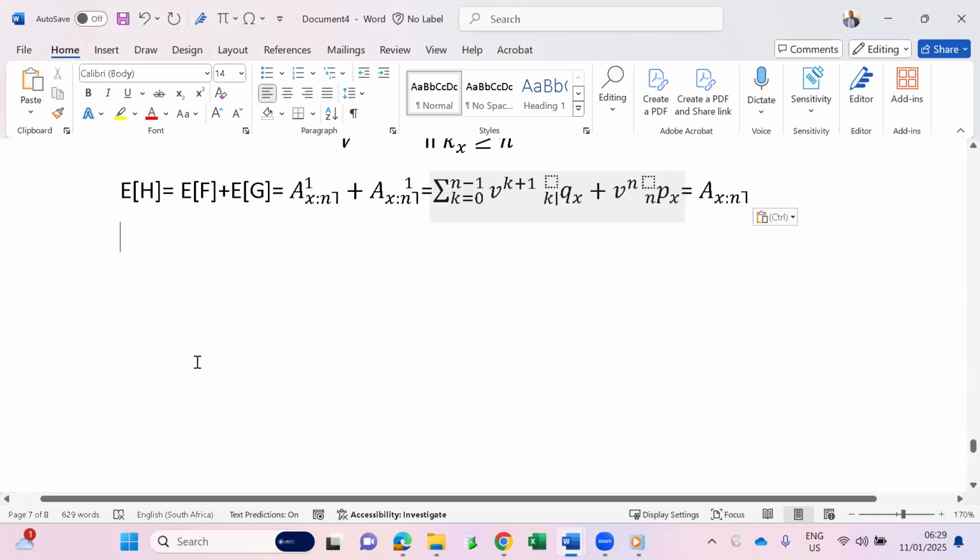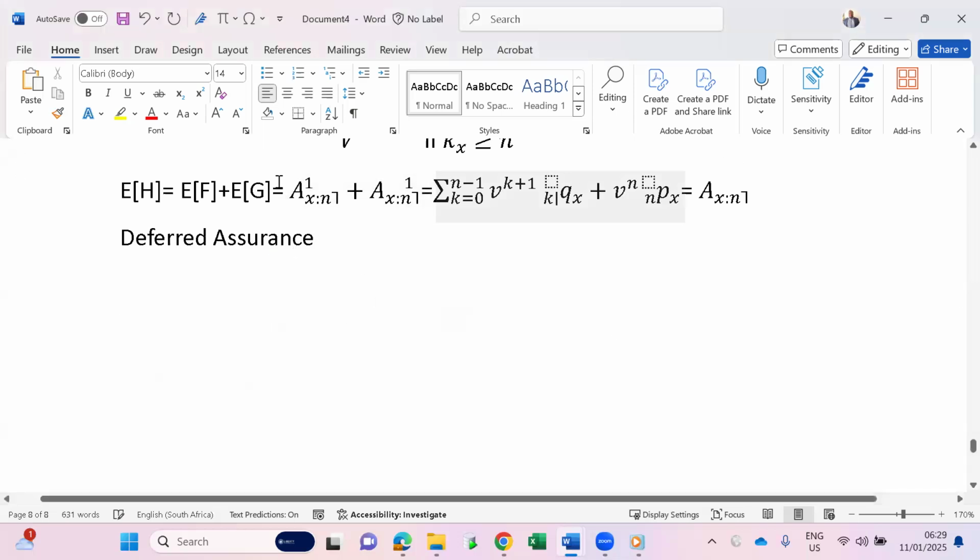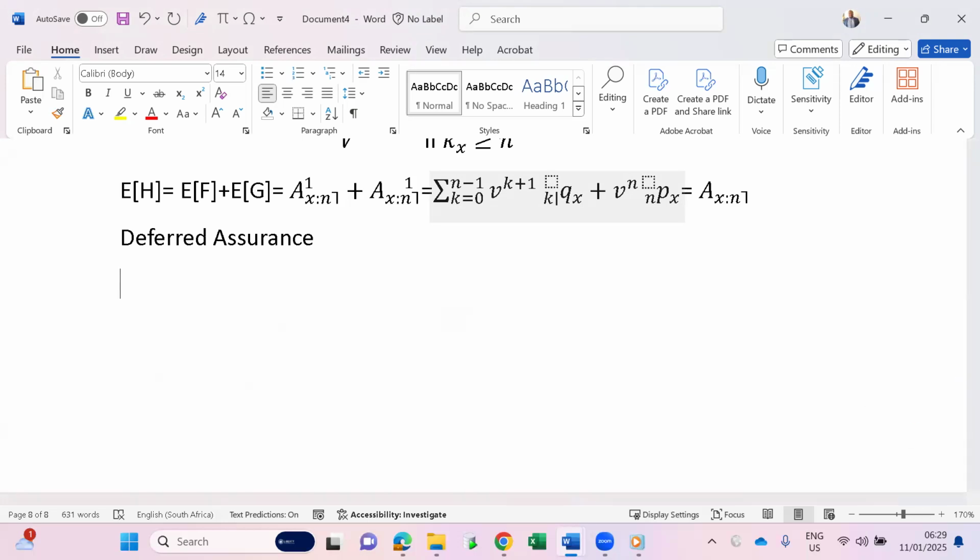We have a deferred assurance. For the deferred assurance, that's where the assurance kicks in after a certain time. So from now up to that time, similar to the pure endowment, you won't get anything. And then after the time, you get something, but with a random variable.